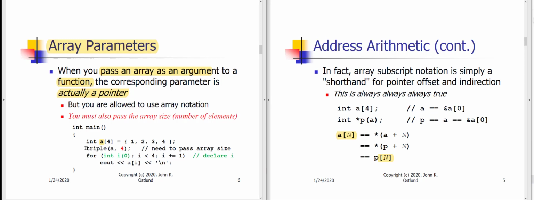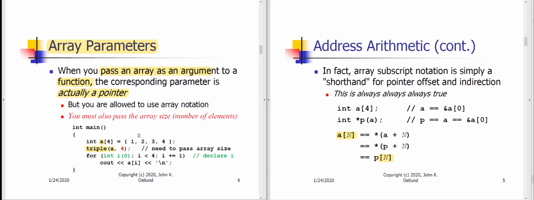I'm going to call a function triple, and I'm going to pass A as the first argument to triple. Well, A, as we just got done describing, is really the same as the address of A sub 0. That means that that first argument is really simply an address. It's really simply a pointer to an int.